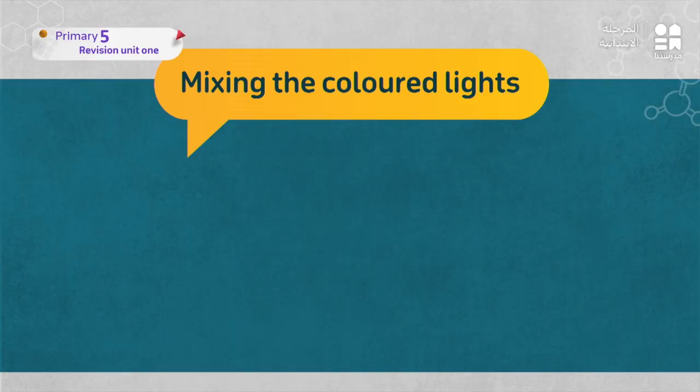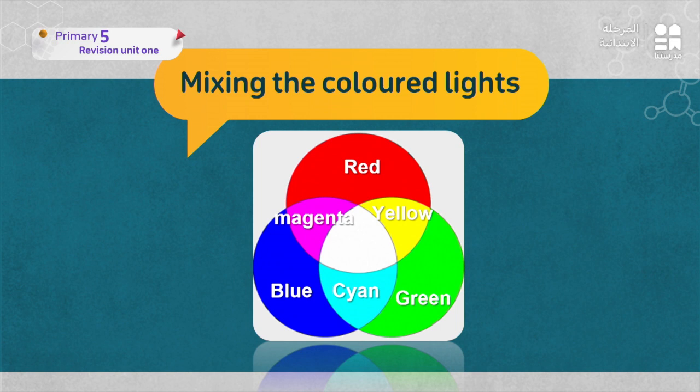تمام. طيب دلوقتي بقى تعالوا نفتكر the colors when we mix them. Mixing the colored lights. Mixing the colored lights عندنا 3 colors اللي هم ايه؟ blue, red and green.